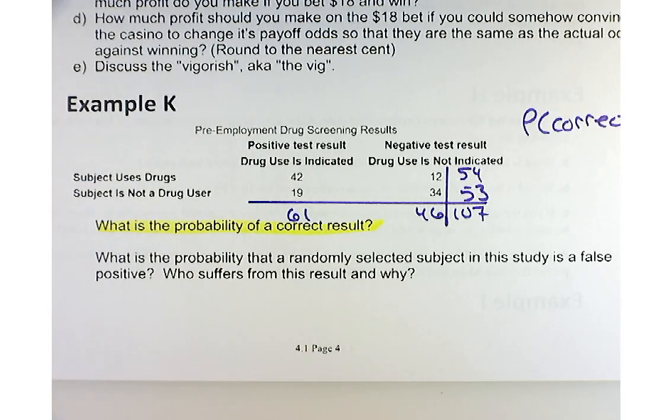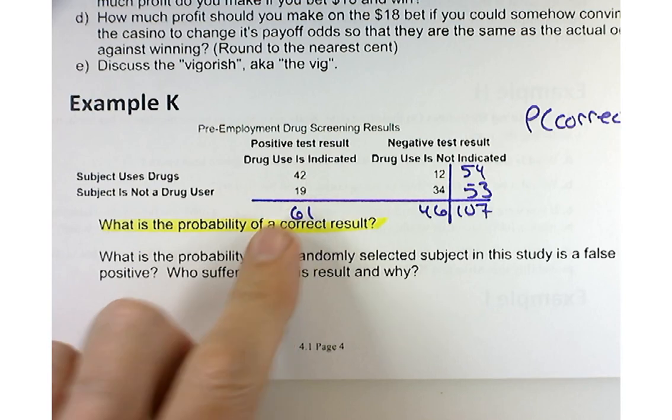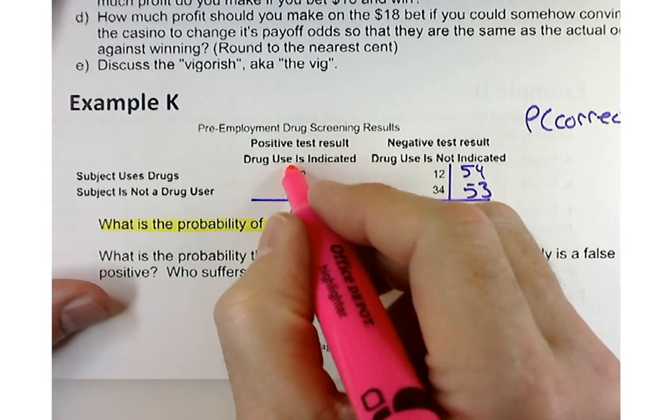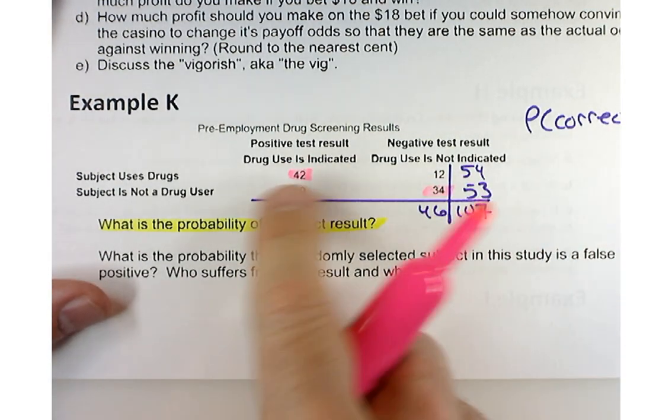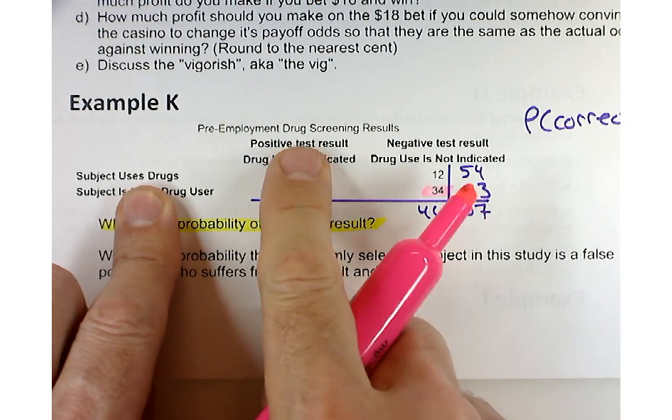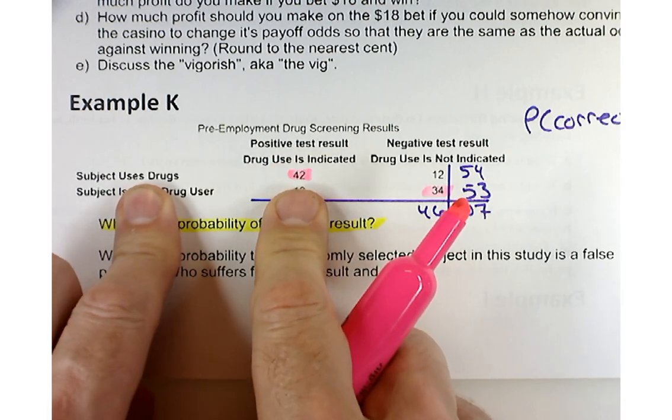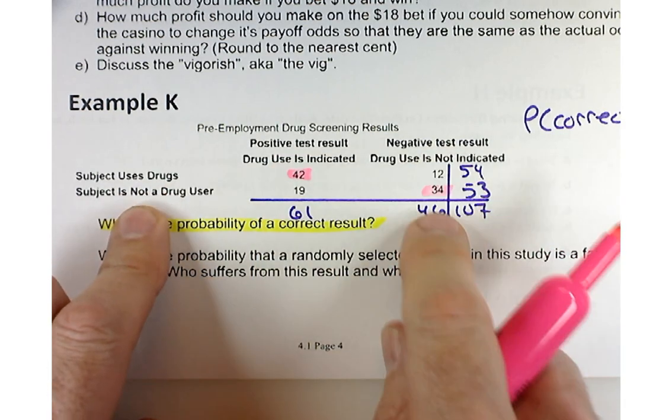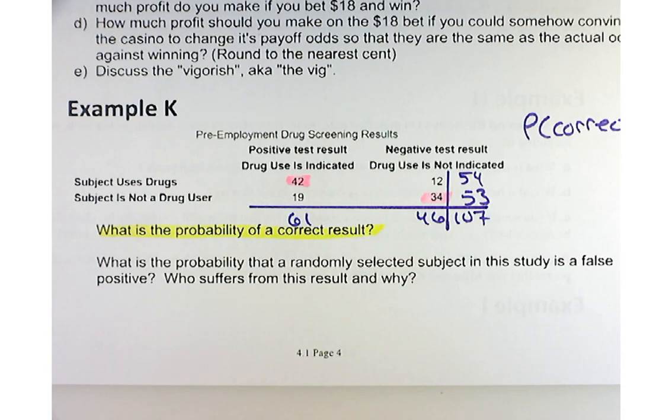What numbers here represent a correct result? 42, 34. Nice. 42 and 34. That is, the subject used drugs and they got a positive result, or they didn't use drugs and they got a negative result.